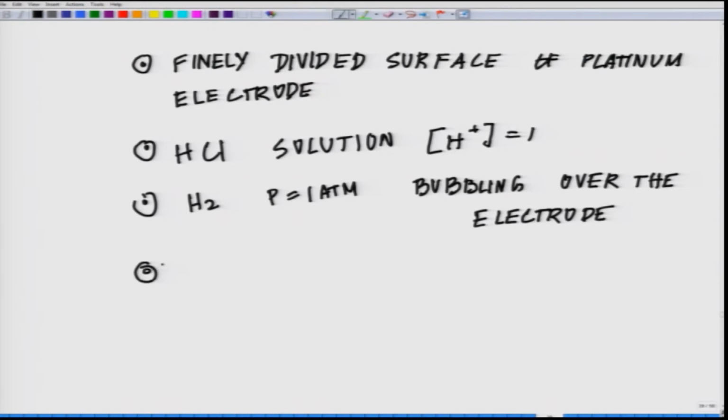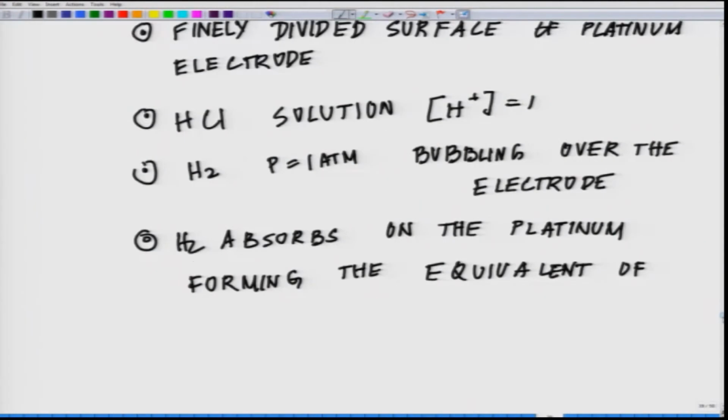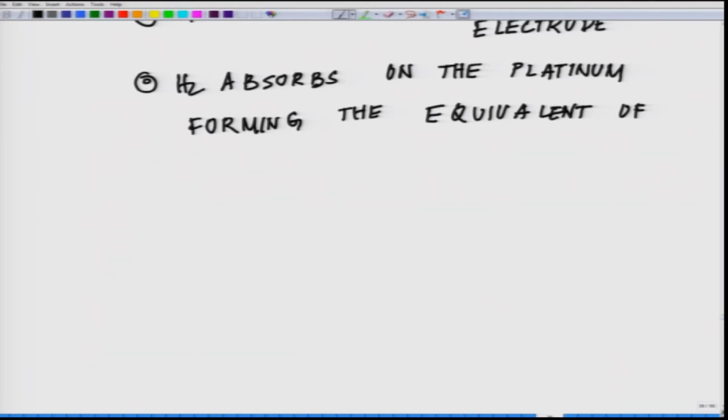Okay. And the next important point is hydrogen absorbs on the platinum, forming the equivalent of a solid hydrogen electrode.